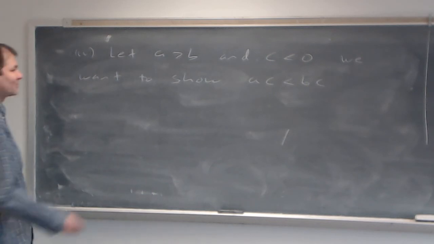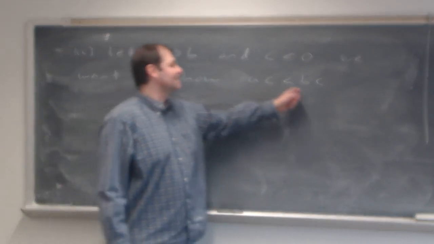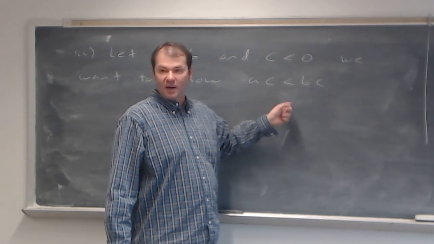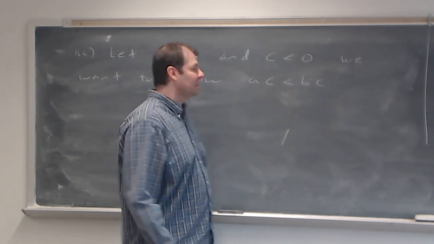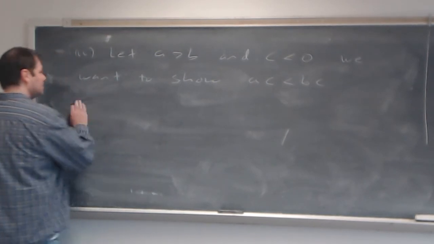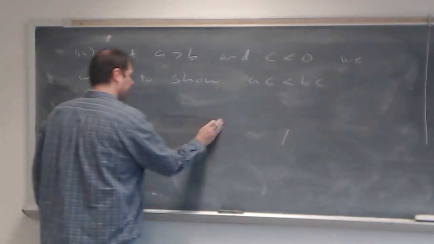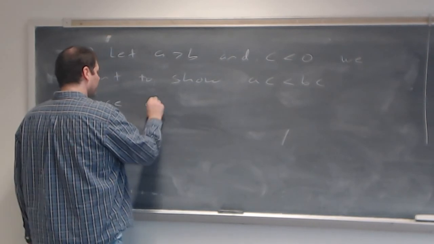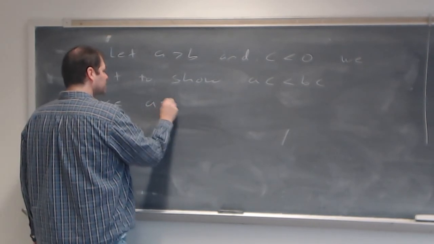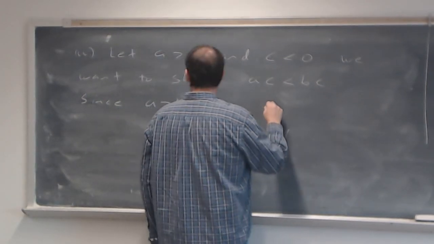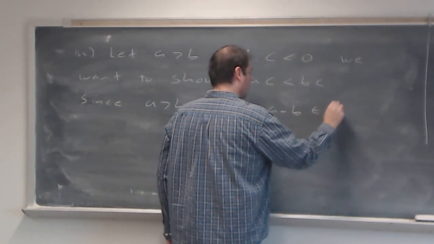How am I going to show that AC is less than BC? I'm going to show BC minus AC is a positive number. Is that okay? That's what I'm going to do. So here's the way I'm going to do it. Since A is greater than B, then A minus B is positive.